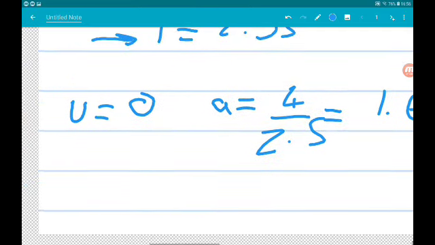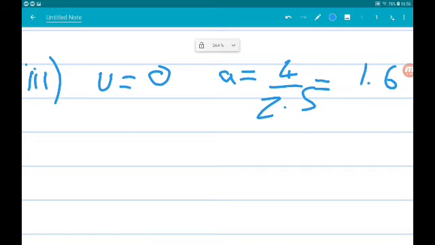So, we know then that his displacement is ut, which is 0, add 1/2 of 1.6, so 0.8 times t squared. Cool.